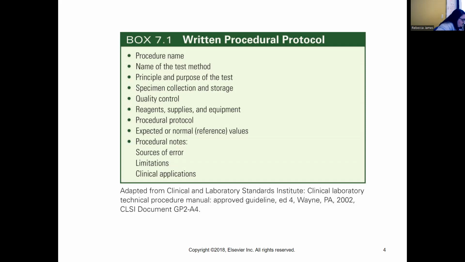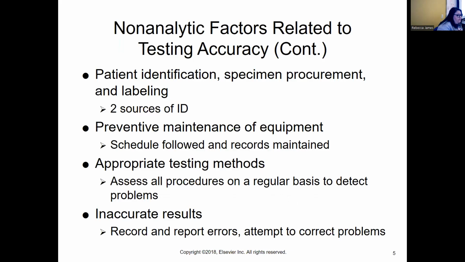Preventative maintenance of equipment. So microscopes, centrifuges, and other pieces of equipment need to be cleaned and checked for accuracy. Outside of the lab, you'll hear it called preventative maintenance, but in the lab they'll say, I have to PM my instrument.